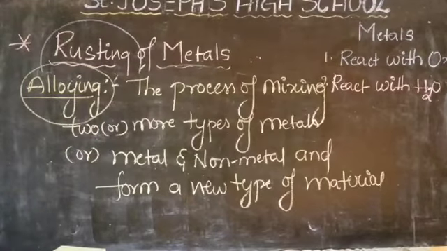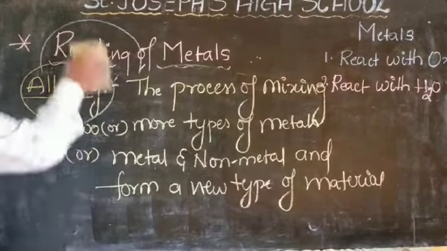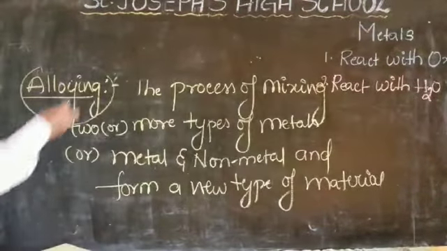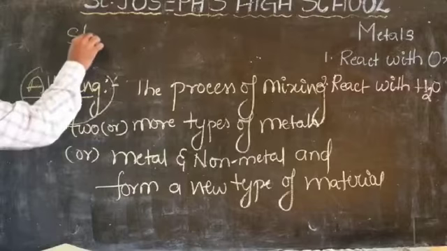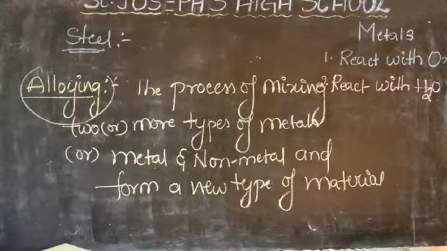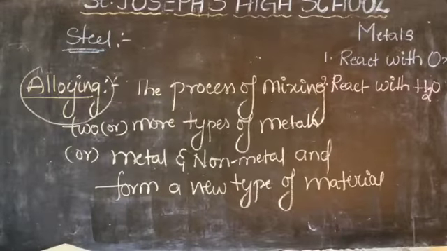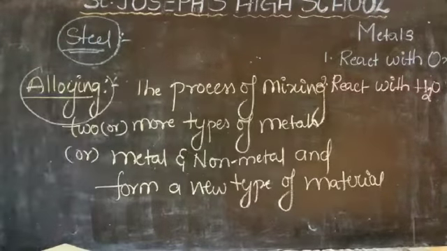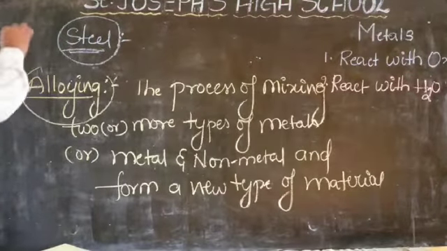Sir, can you give an example, sir? I want to give an example also for you, children. We all know steel. Steel plates, steel utensils, everything. The steel is not a metal.